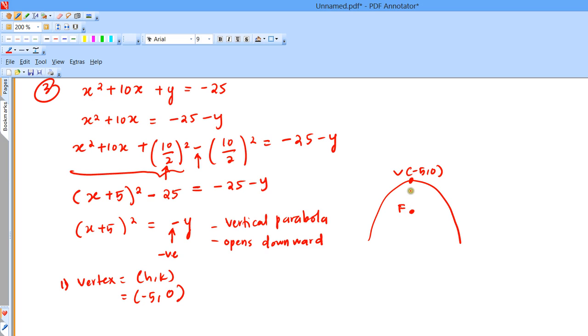Now we need to find the focal length first. This is the focal length, and here is the directrix. How to find the focus? We must find the value of p first. p is the focal length.